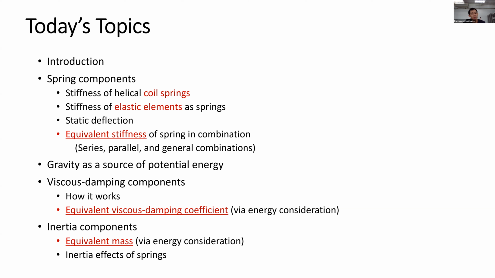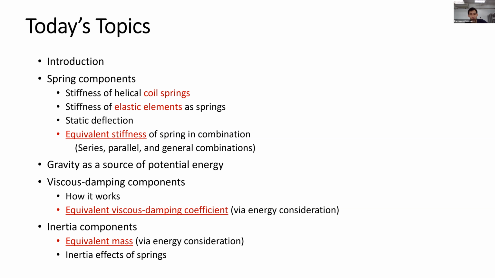So the equivalent stiffness, we can obtain from the summation of the springs, or we can consider the potential energy stored in each spring. The total energy stored in each spring needs to equal the total energy stored in the equivalent stiffness.